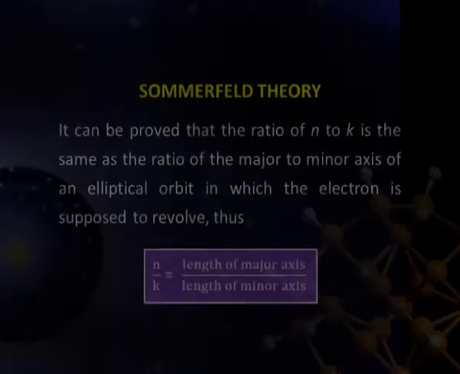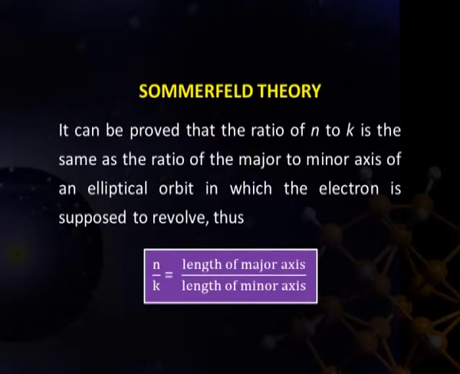It can be proved that the ratio of n to k is the same as the ratio of the major to minor axis of the elliptical orbit in which the electron is supposed to revolve. Thus, n upon k is equal to the length of the major axis upon the length of the minor axis.